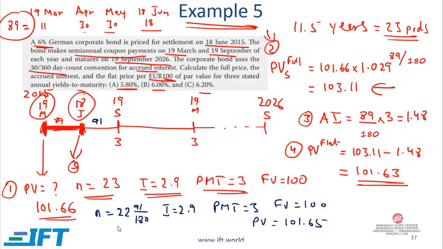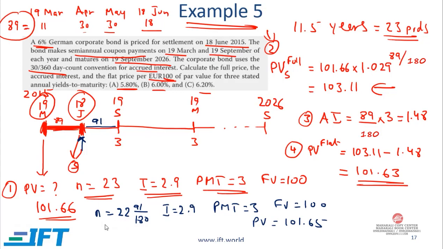You can use the financial calculator to directly come up with the flat price over here. This period is 91 days, which means that the time from here, settlement date till maturity, is 22 and 91 over 180. So you can convert this into a decimal and plug into your calculator.